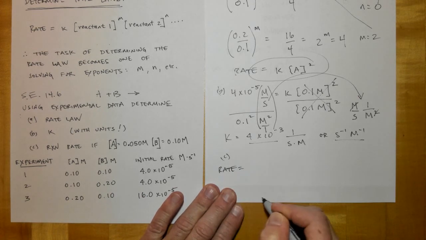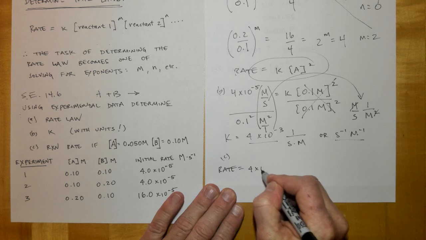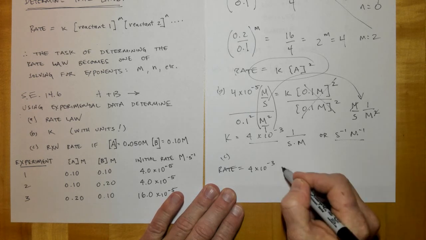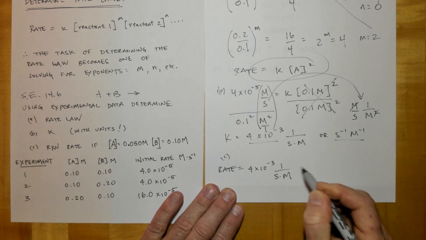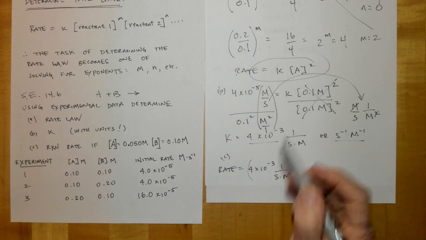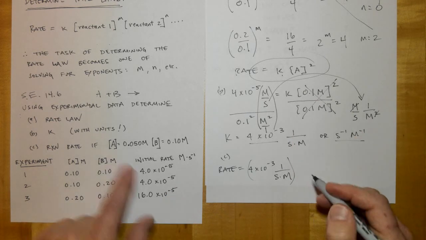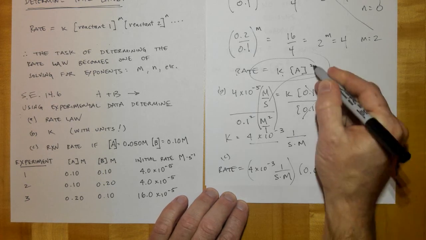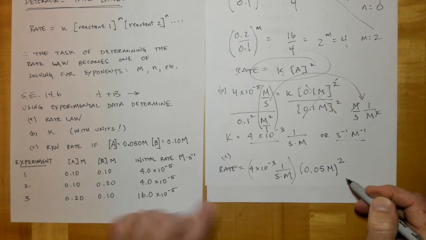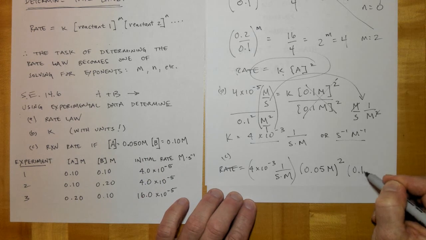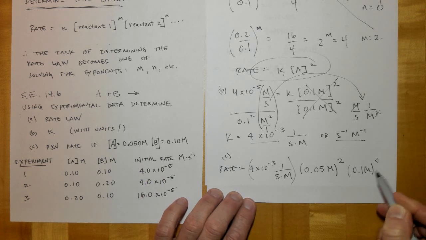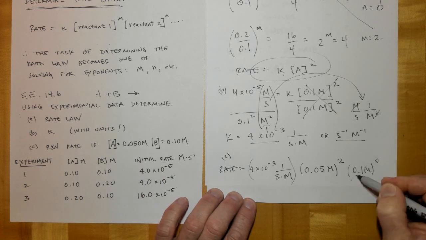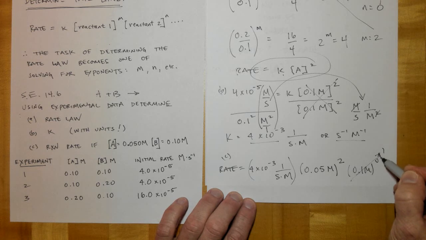So rate is equal to 4 times 10 to the negative 3rd, 1 over seconds times molarity. That's our K right here. And then A is 0.05 molar, and then square it right here. And then we could put B in there, but you know, it'd be 0.1 molar and it'd be to the 0 power, and anything to the 0 power, of course, is 1, so you're just multiplying by 1.